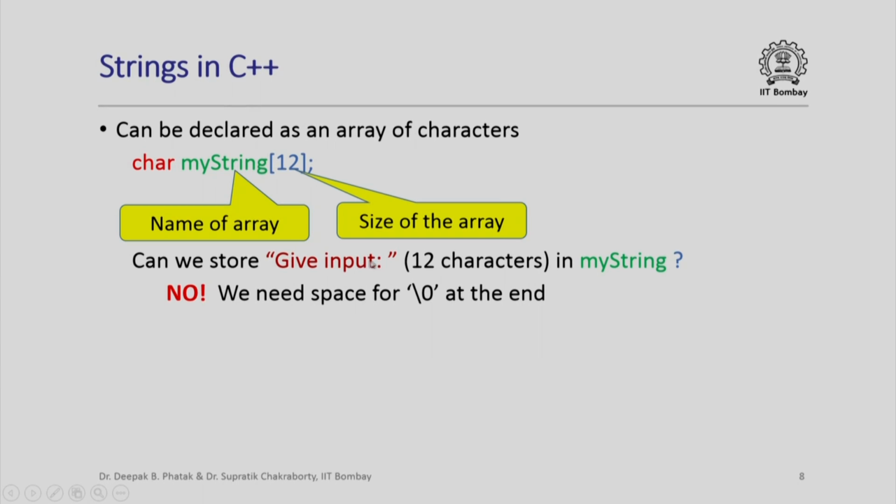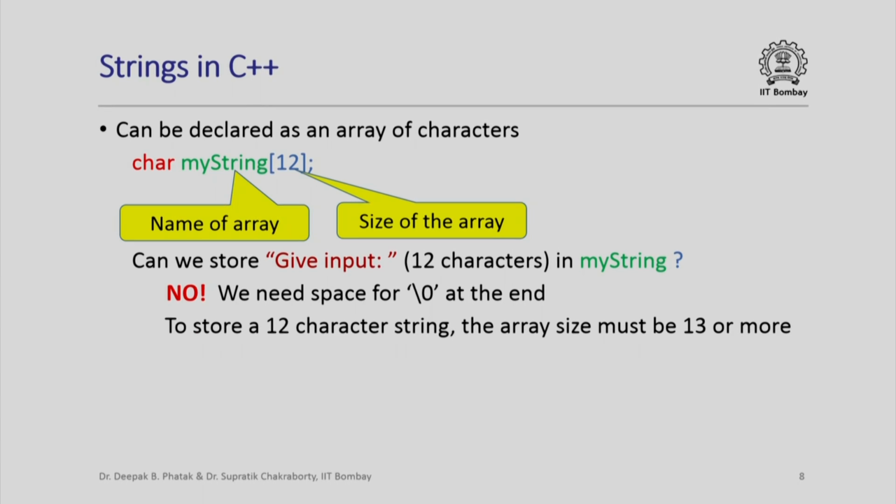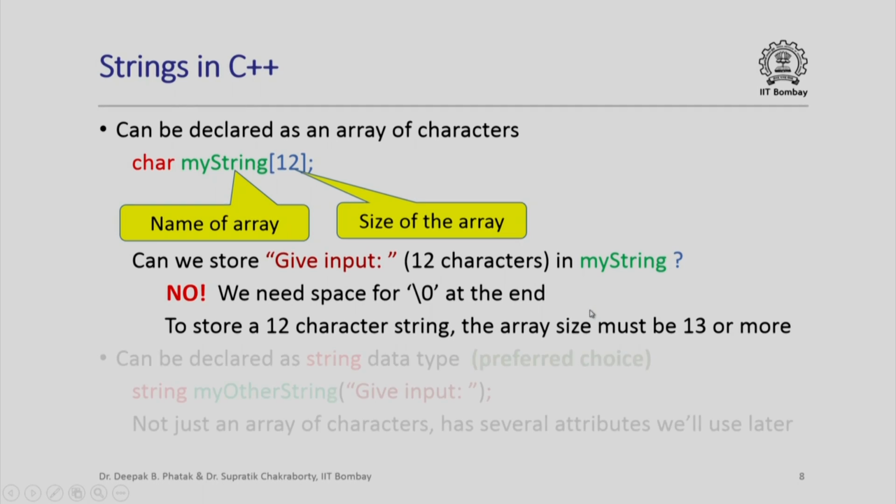The string has 12 characters and we saw that every string needs to be terminated by a special character. So, in this case we will not be able to store these 12 characters in this array of size 12 because the string needs to be terminated by an additional character and we do not have space for that. So, to really store a 12 character string, the array size must be 13 or more.